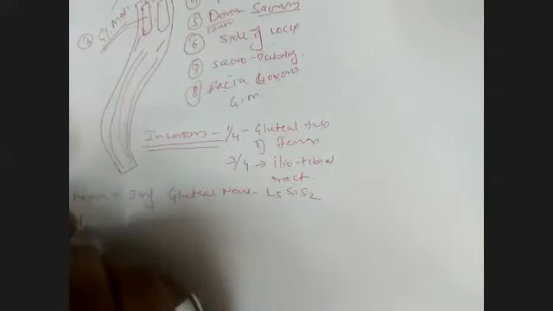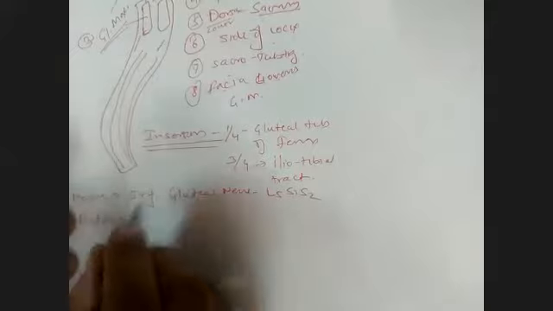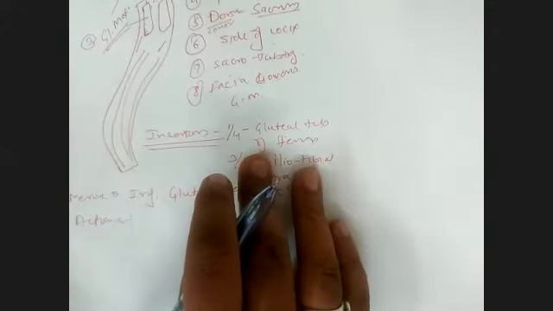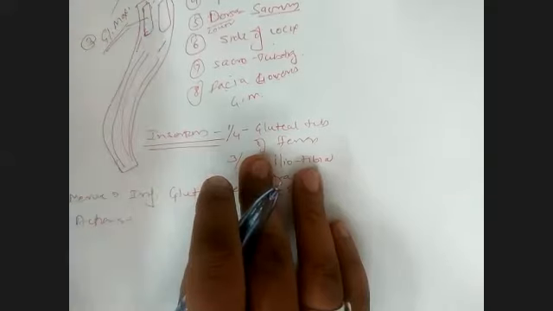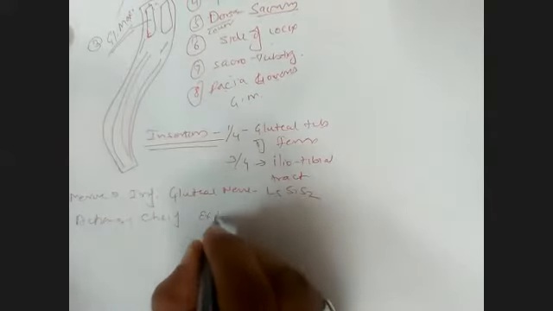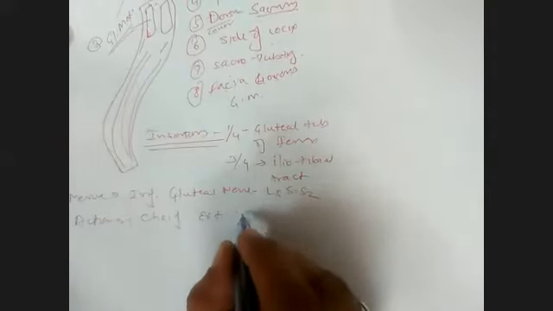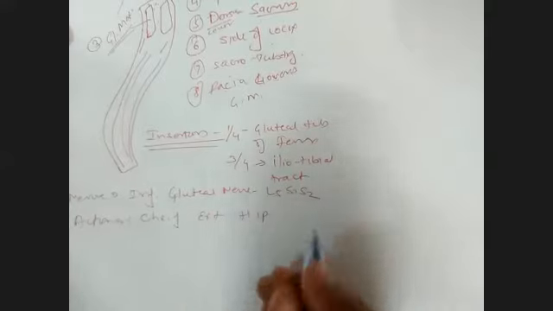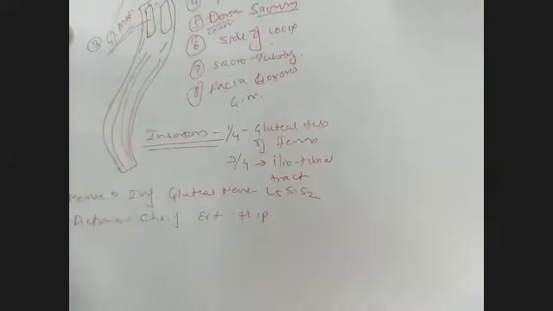What are the actions of the gluteus maximus muscle? As I said, it is the chief extensor of the hip joint, basically for getting up from the sitting position.